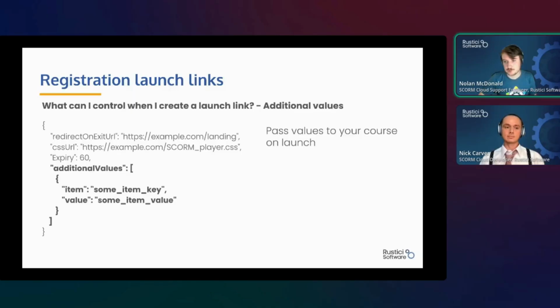Let's say you have a course that can train the learner on 50 different proficiencies, but for this specific learner, you want to focus on these 10. You might pass something in the additional values to tell the course, hey, focus on these areas. And if the course is programmed to do so, it can change dynamically to tailor that experience to the specific learner at launch time.